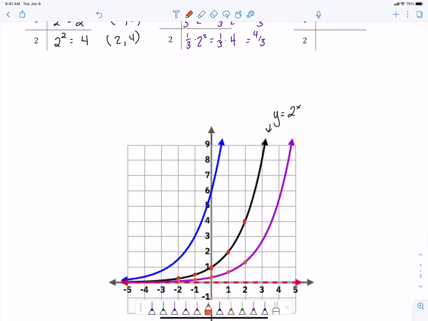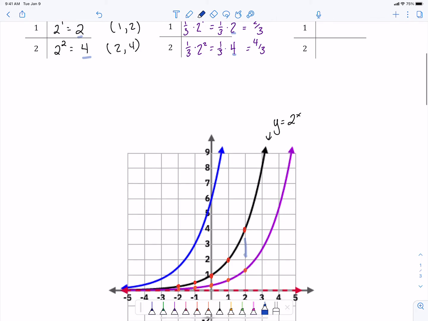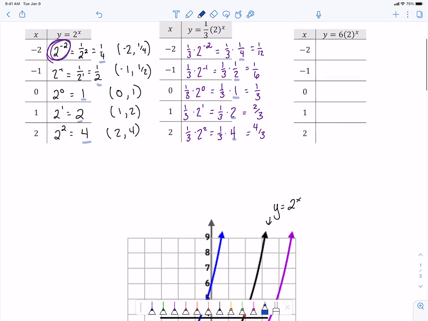Basically what happens is when we multiply by 1/3, it takes all of our original y values from our parent function, and they all got multiplied by 1/3. And what that did is it squished them all down. It compressed this graph. This is something you'll learn more about in Math 111, but we can really see what's happening here, that it's squishing down that graph.